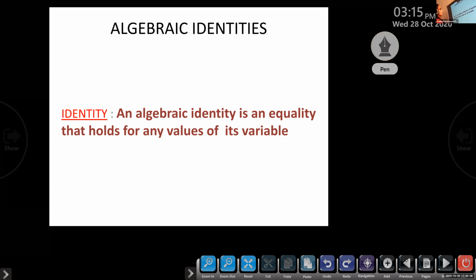Adnan, read. A plus b the whole square is equal to a square plus 2ab plus b square. Alan, read. A plus b whole square equal to a square plus 2ab plus b square.